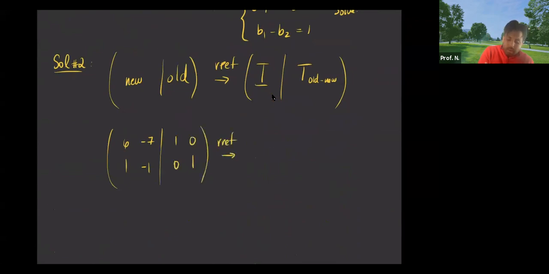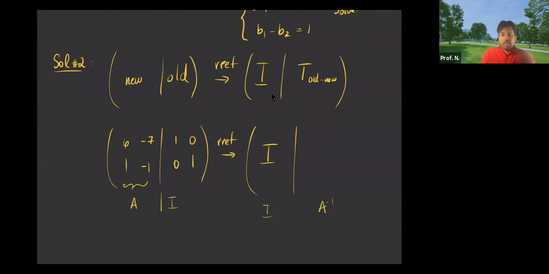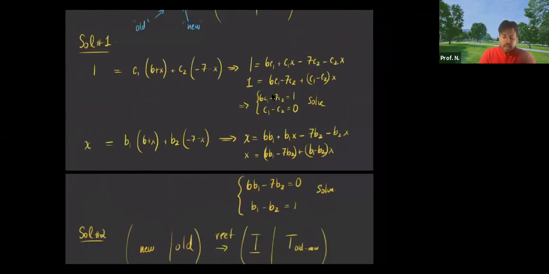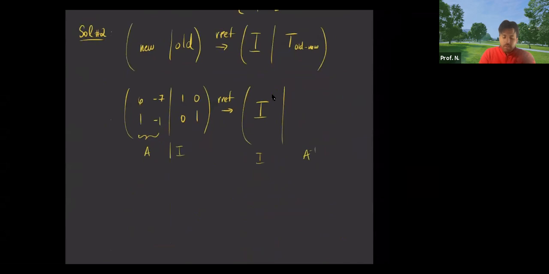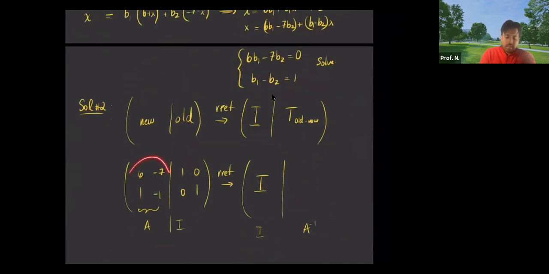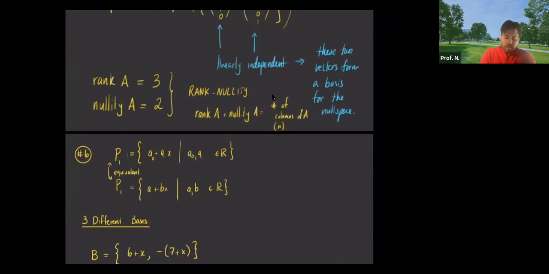If I take the row reduced echelon form of this, this has to become the identity, and then the other side will be the transition matrix. If you notice, this looks a lot like I, A, and when you do the row reduced echelon form, you get I, A inverse. So in reality, I already know what A is. What was A?